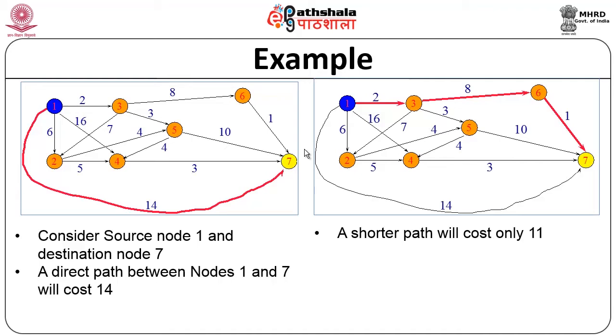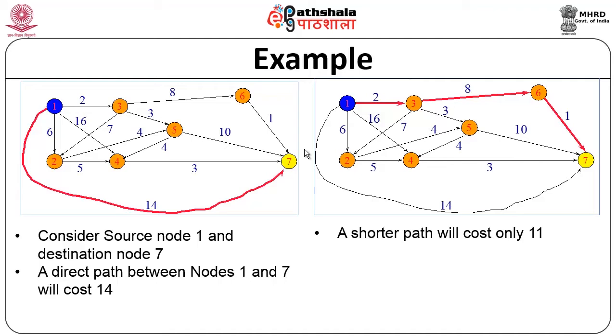You can also have 1, 3, 5, 7, which will give you 15. So, it is higher. Like this you can find the shortest path; there may be more than one, but here we have only one. We want to find whatever exists, that particular shortest path. So, 1, 3, 6, 7 is the path.